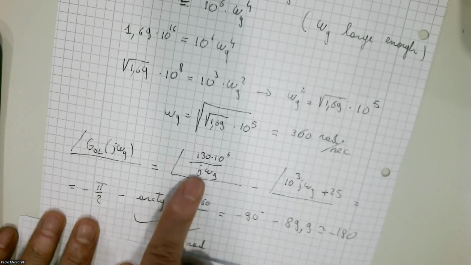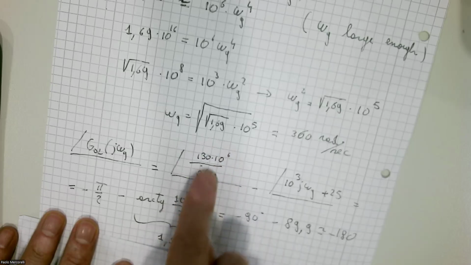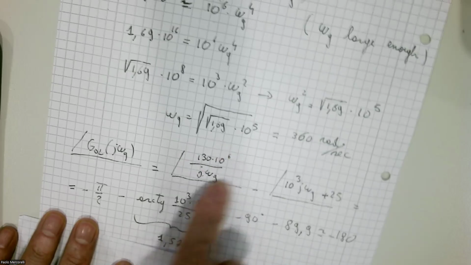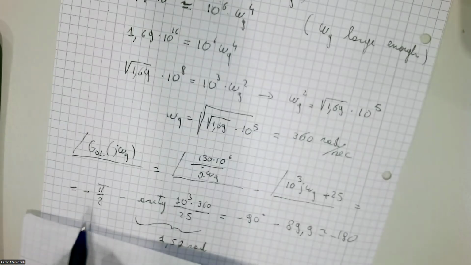I have to put ω_g, but look, why minus pi divided by 2? Because the phase, basically here is a constant, 130 times 10 to the 6 divided by jω, is the value. Did you agree? Divided by j. But the phase of a positive constant divided by j is minus pi divided by 2.